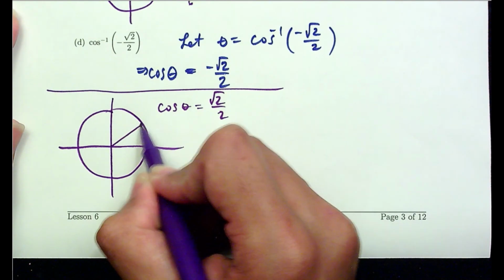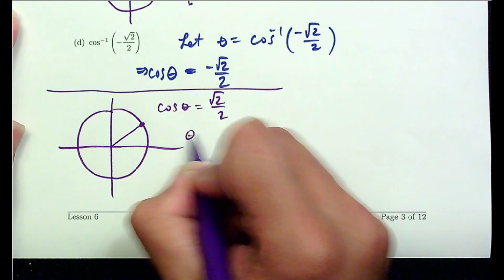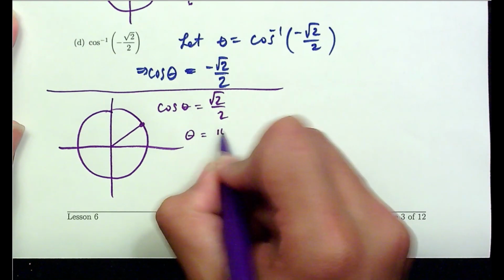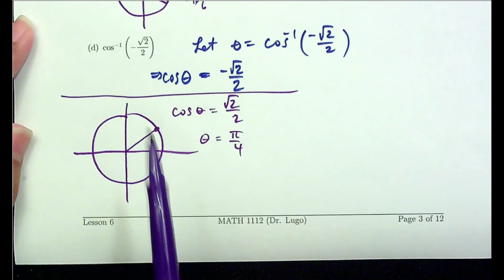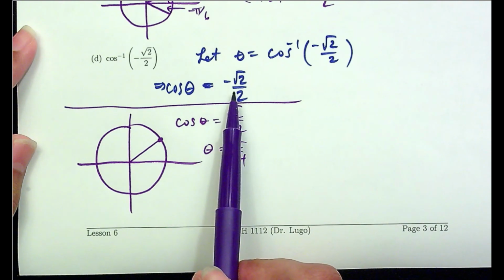And that angle, what is it? You should know this. This is pi over 4. Okay, it's a special angle, pi over 4. All right, that's not what I want though, because I want it to be negative.